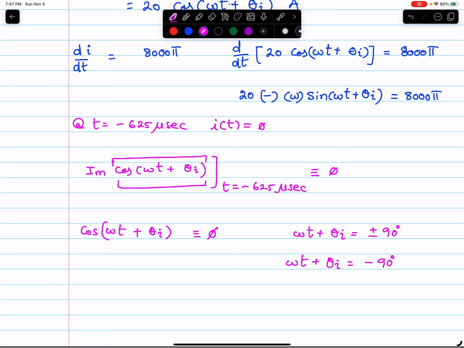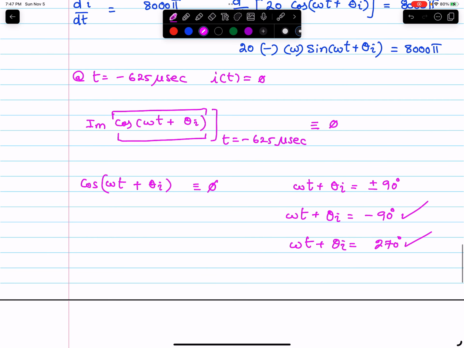It could also be omega t plus theta i equals 270 degrees, equivalently represented, with the condition that it is going positive.